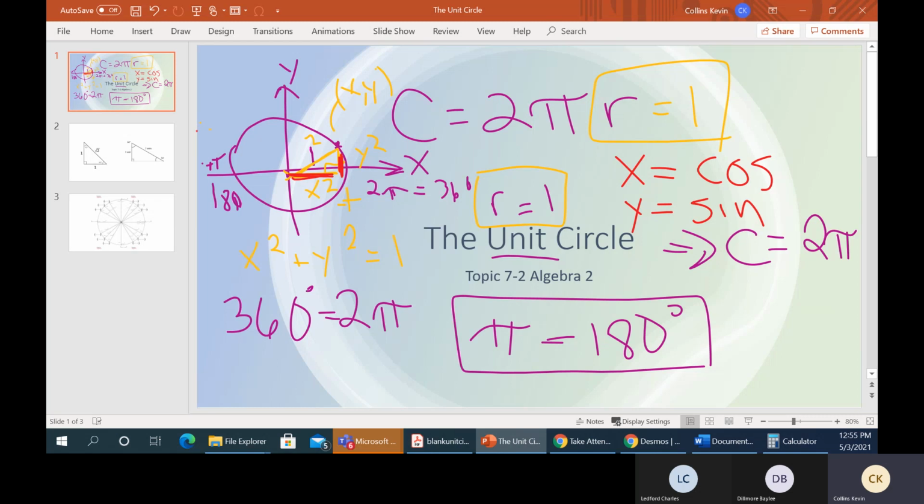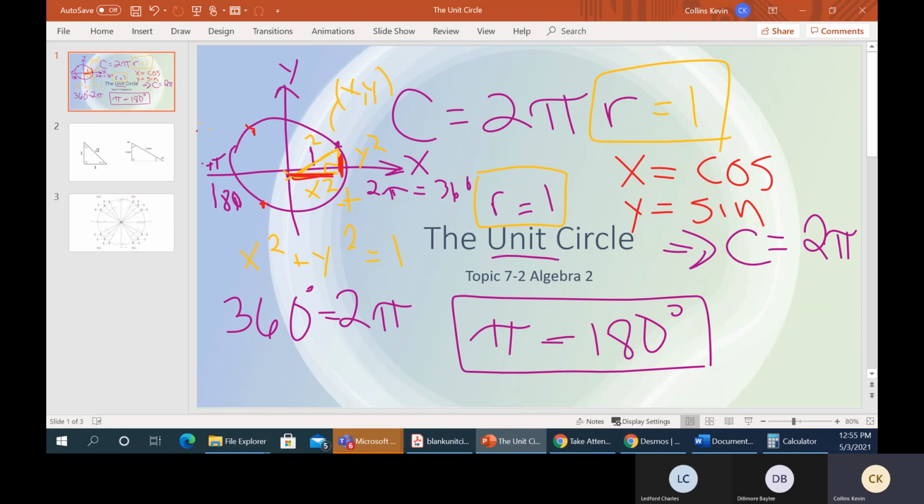Okay? So this is where all this is headed. So any point I pick on this circle, anywhere on this circle, will have some x value and some y value, and x goes along with cosine, and y goes along with sine. Okay?